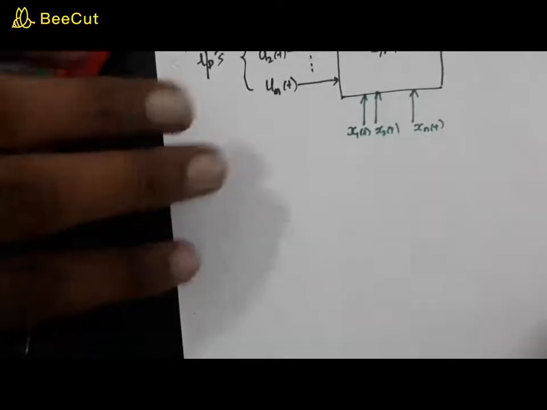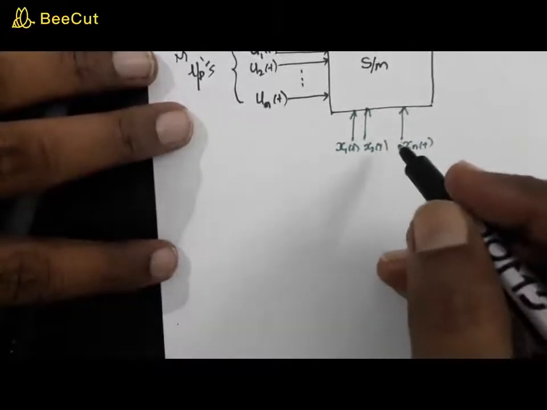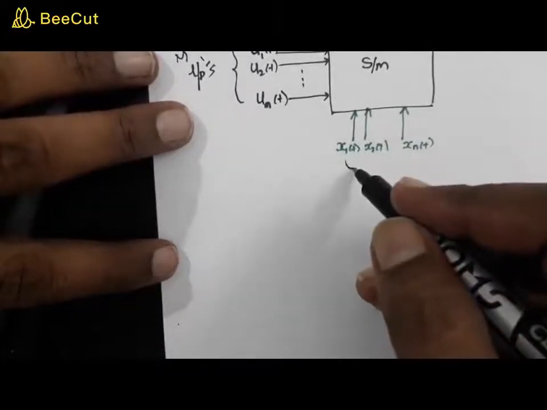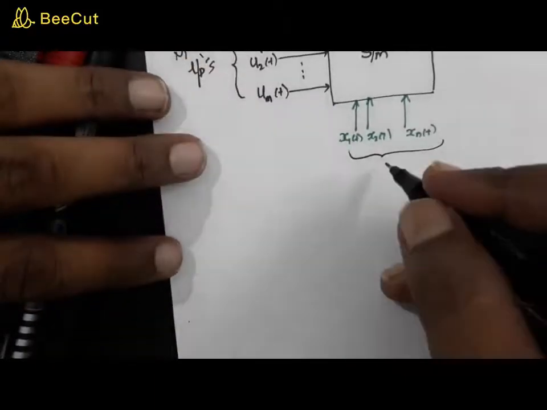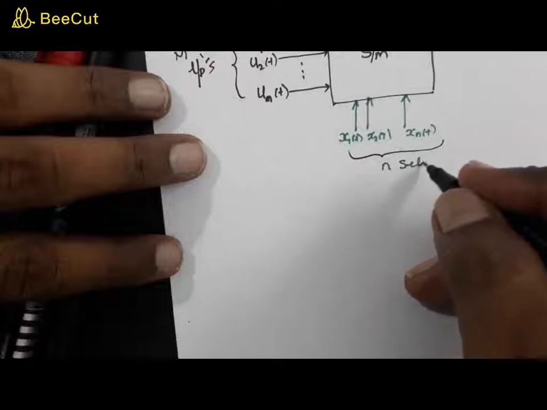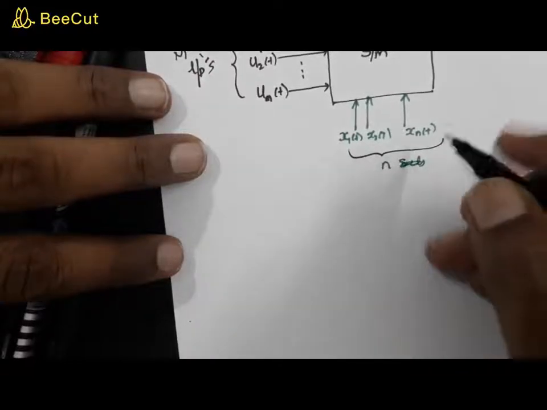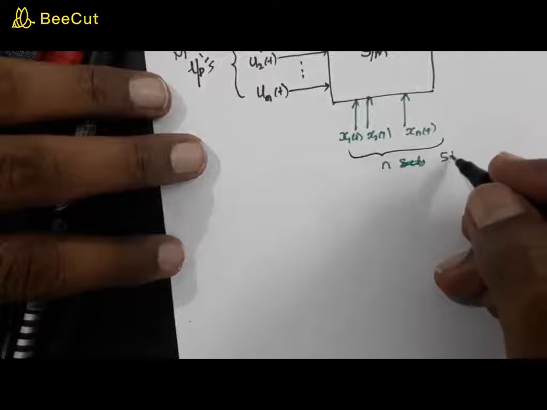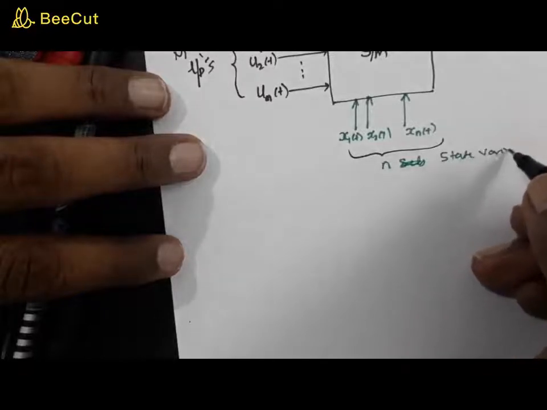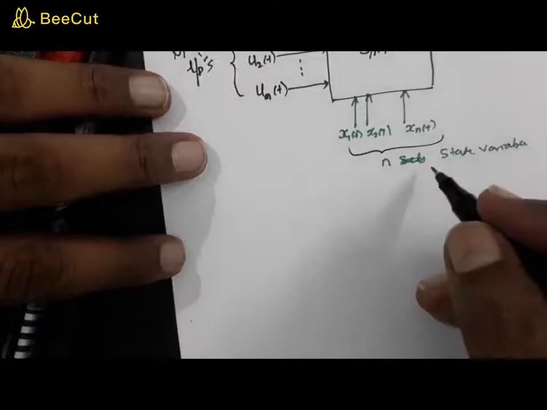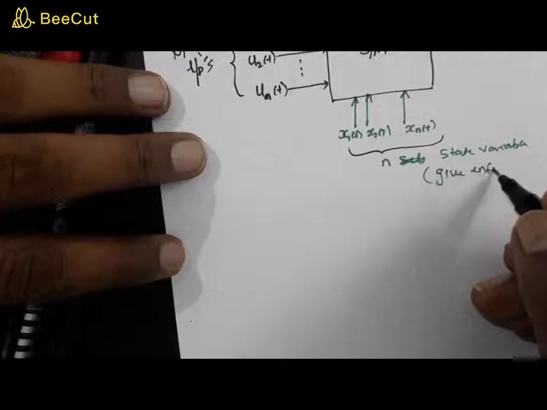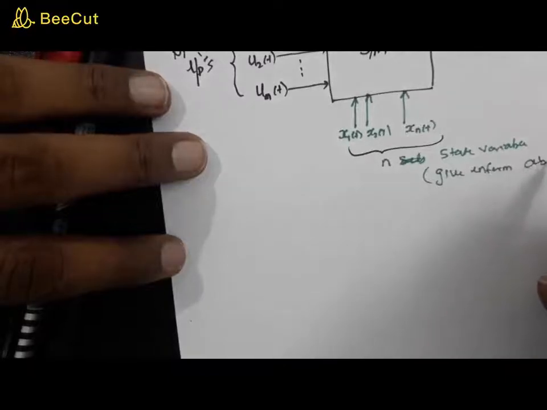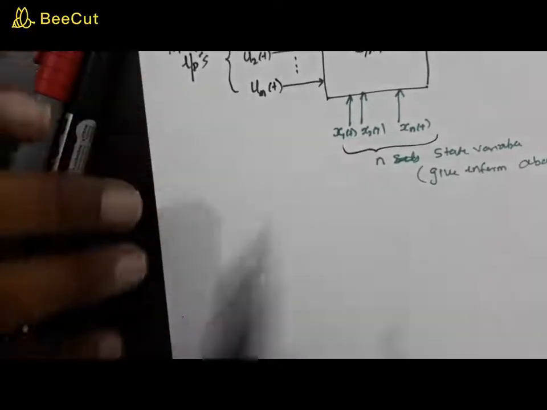So for a generalized system, you can have n state variables. What is the role of these? They give the information about the past of the system.